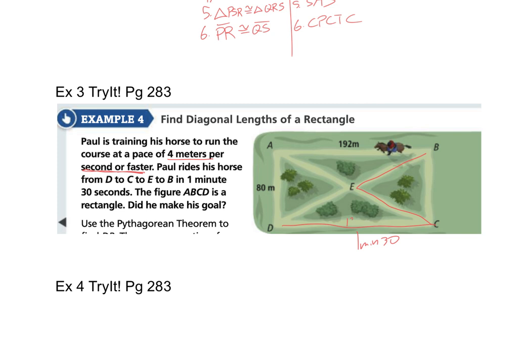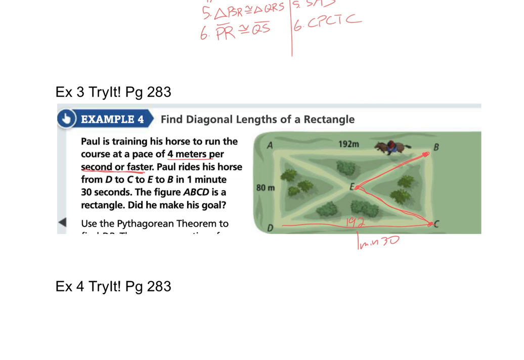So from D to C was 192, and then from C to E and E to B, these two are the same length, because this is a parallelogram. We know that the diagonals are cut in half, but because it's a rectangle, the diagonals are congruent.